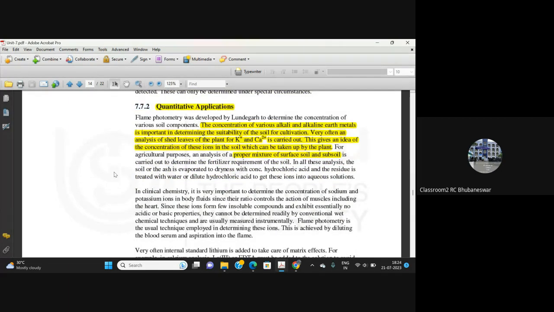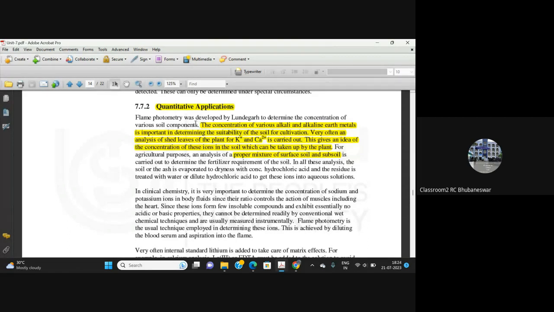But I would like to focus in this way: if you want to study soil contamination, water contamination is a different thing, but for soil contamination, this is the best way. Atomic absorption, atomic spectroscopic methods are best for soil contamination studies.